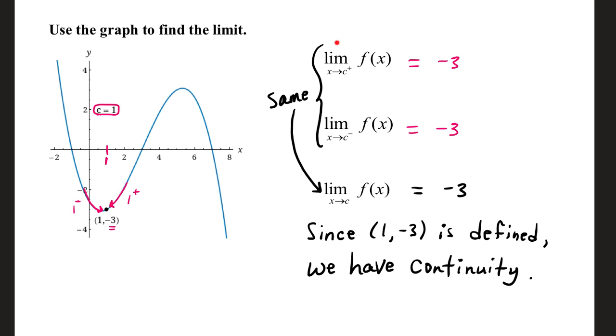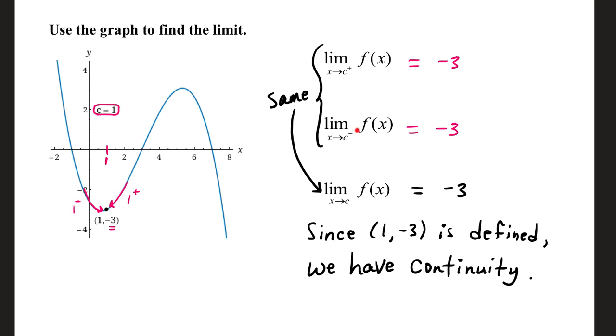As we look over here to the right side of the screen, the limit as x approaches 1 from the right. A superscript of a plus sign means approach from the right. I've noted that here on the graph. As you follow the function and close in on 1 from the right side, the y value is -3.